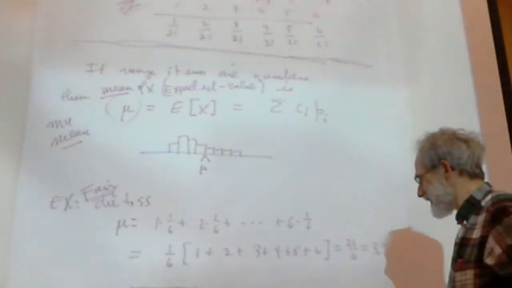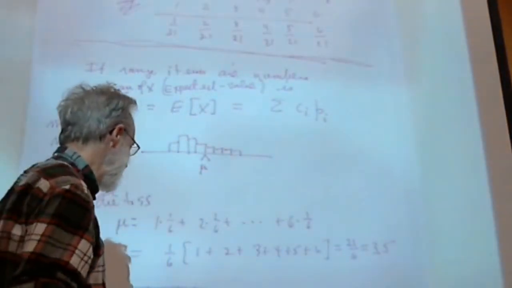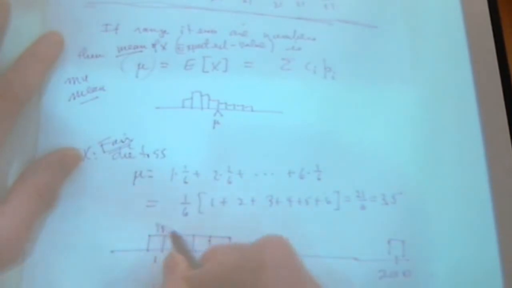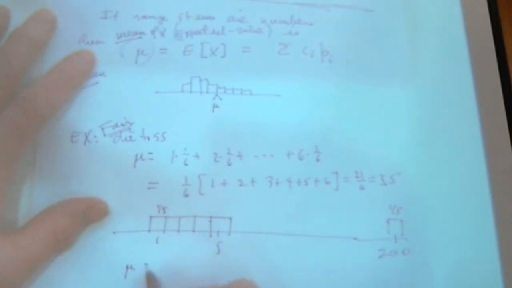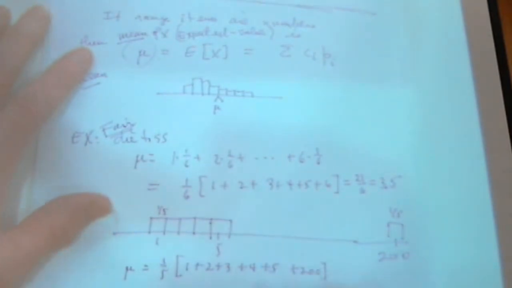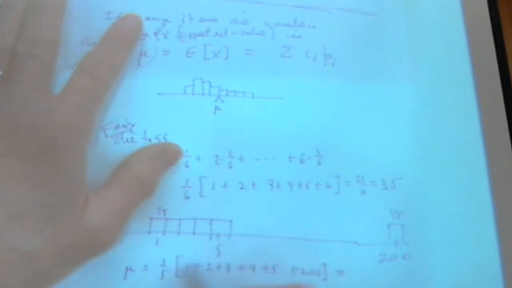The mean's going to chase after this guy. So these would all be 1/5, right? So you could compute the mean here. It would be the sum of the first 5 positive integers, right? And then you have to add this to them. So that would be what? 215 over 5. Oh, wait, this has got to go over 6, right?